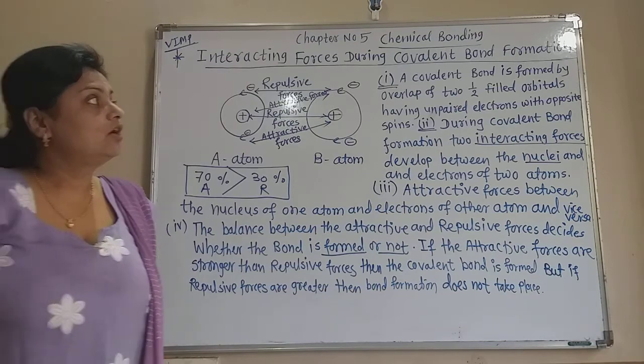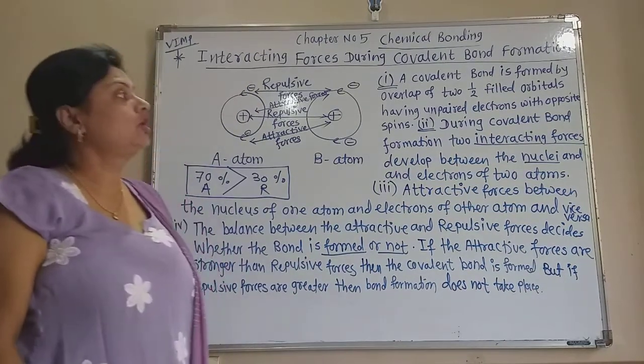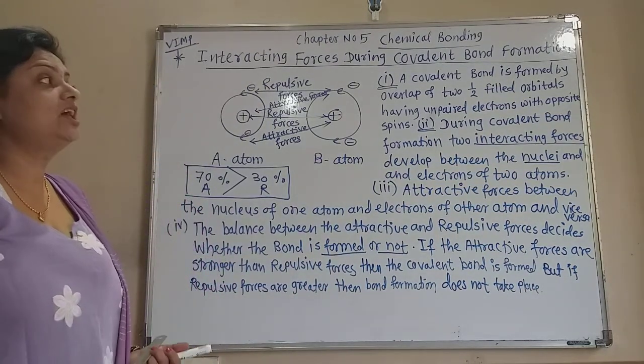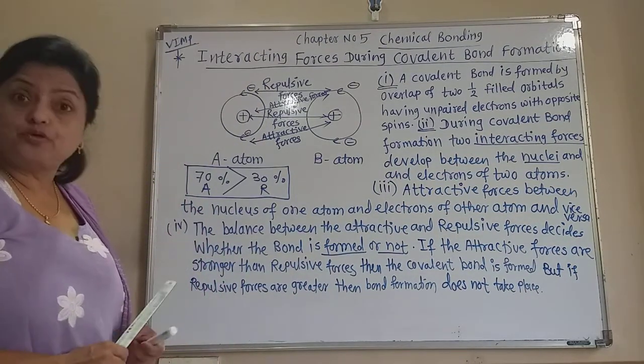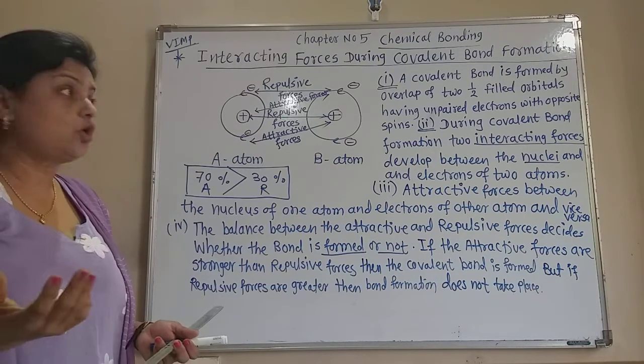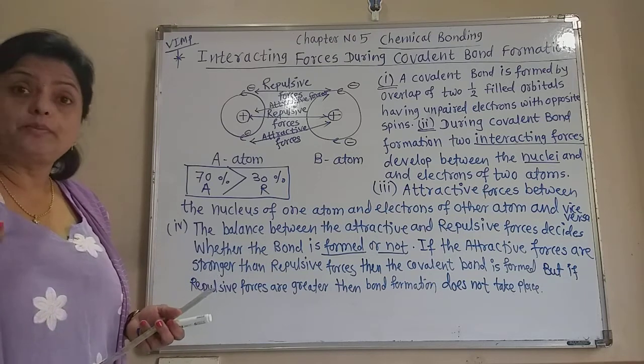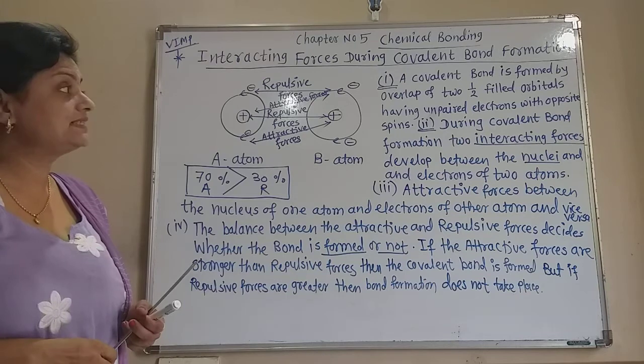Now see here: a covalent bond is formed by overlap of two half-filled orbitals having unpaired electrons with opposite spins. Their spins must be opposite and the electrons are unpaired, and orbitals containing an unpaired electron are called half-filled orbitals.